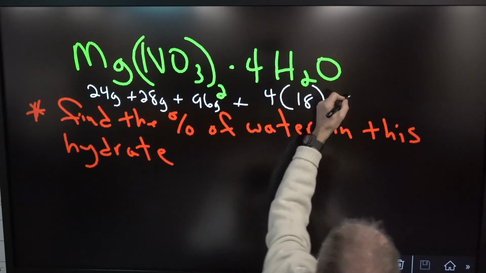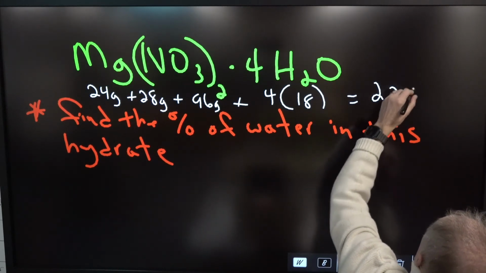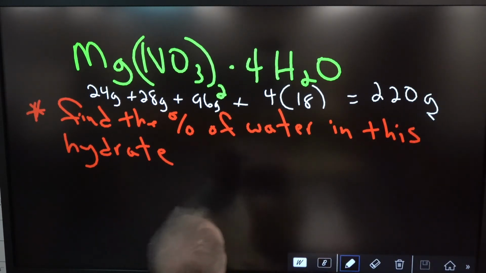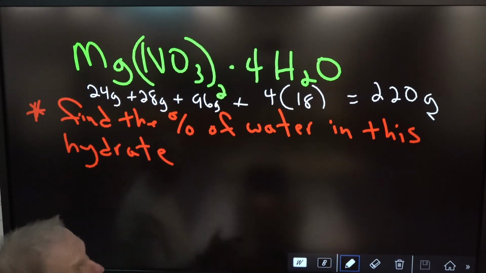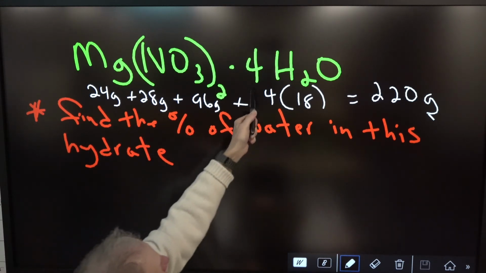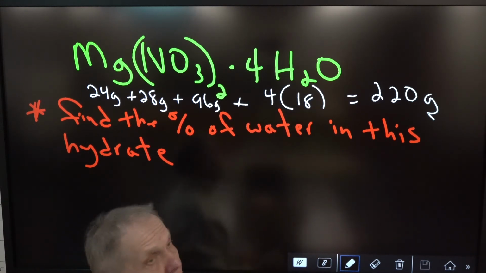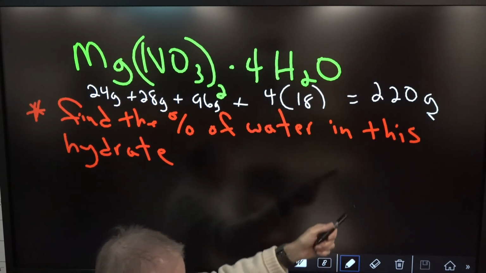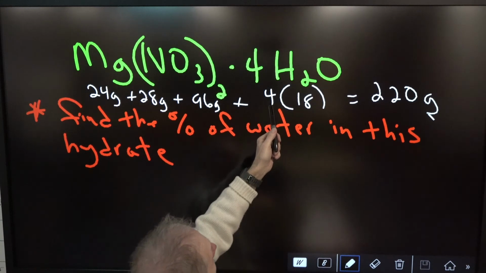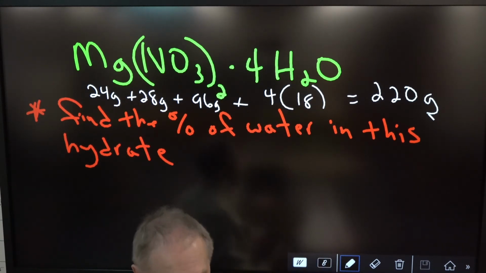So this equals 220 grams. Now, that's the whole. Now remember, we want to find the percent of water. Well, water is 4H2O. So we have to put the amount of water over 220. 4 times 18 is 72.